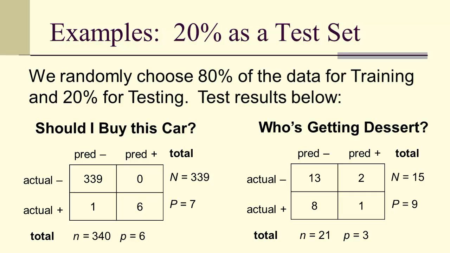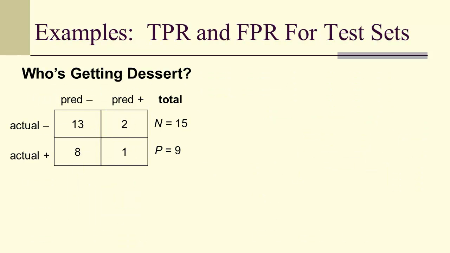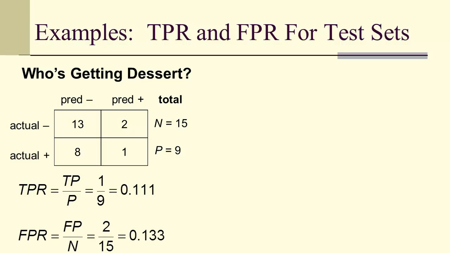For who's getting dessert, well, not so great, but let's see what we get. So for who's getting dessert, we have a true positive rate of 0.111 and a false positive rate of 0.133, and the first should be close to 1 and it's not. The second should be close to 0 and it's really not.